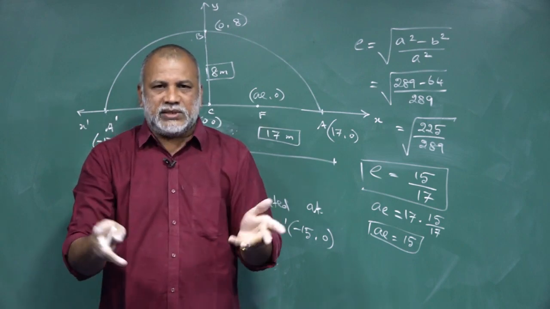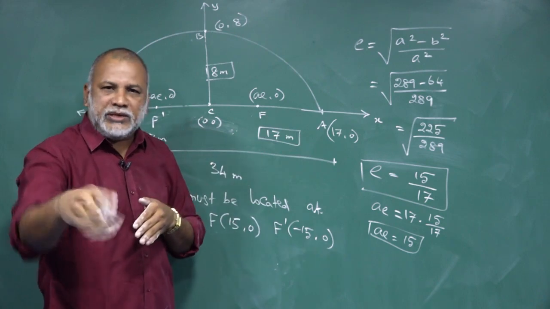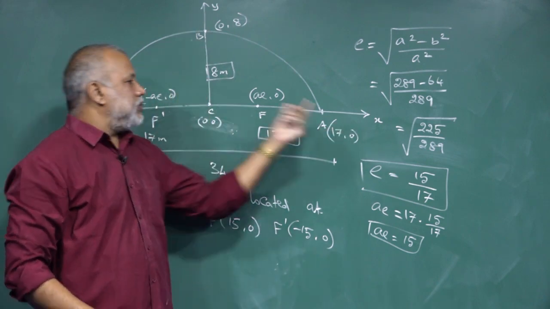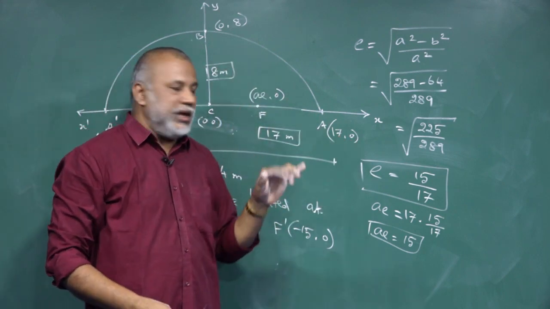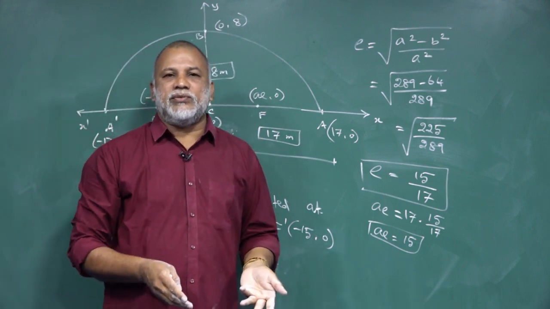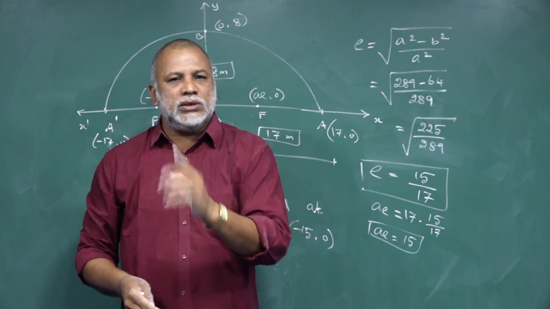So draw the diagram first. After that, think. 17 is here, so it must be type number 1, with the major axis along the x-axis. So the points are (17, 0) and (0, 8). Take a equal to 17 and b equal to 8. Then form the equation, type number 1: x squared by a squared plus y squared by b squared equals 1.